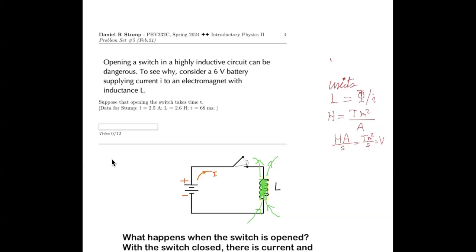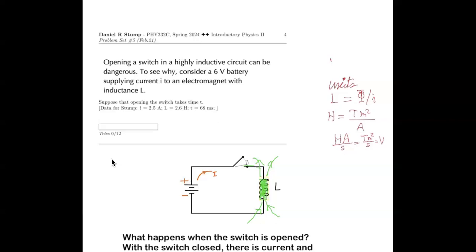The current has to go all the way around the loop, from the positive terminal of the battery back to the negative terminal. Now, if we open the switch, then there can't be any more current, because there's no way for the charge to get from the positive terminal back around to the negative terminal. So the current will go to 0 when I open the switch.